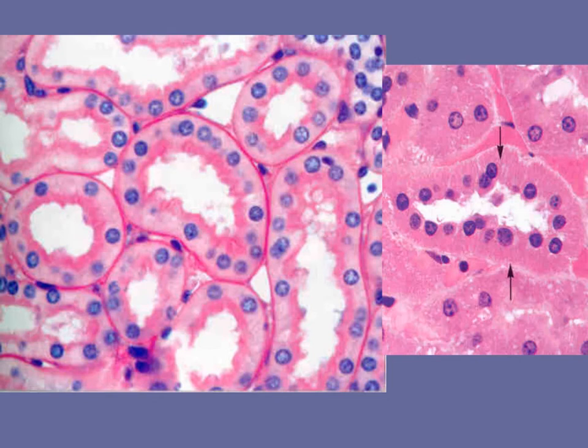Both of these are represented by simple cuboidal epithelium, but to differentiate the proximal from the distal convoluted tubule, we will be looking at the lumen or the hole of the donut. If we have a clear lumen, then we have a distal convoluted tubule, whereas if we have a fuzzy lumen, we will have a proximal convoluted tubule.